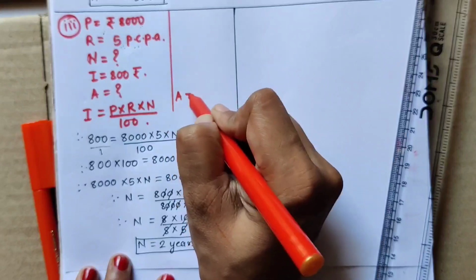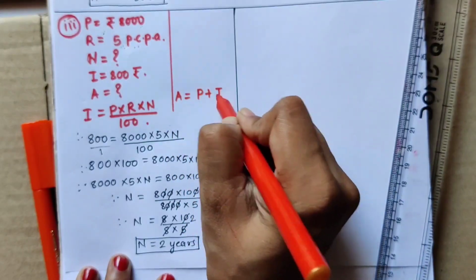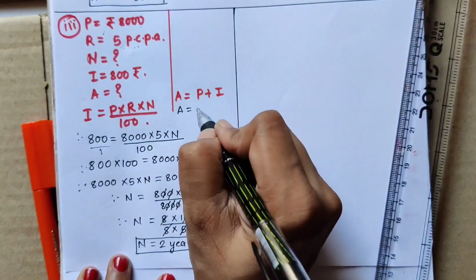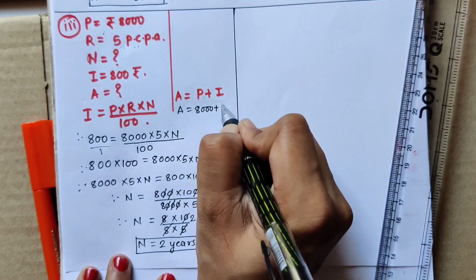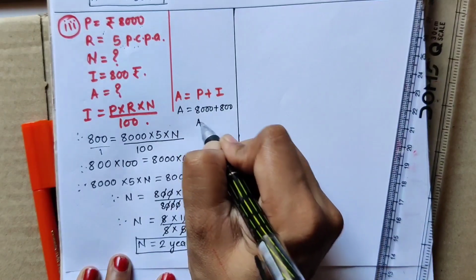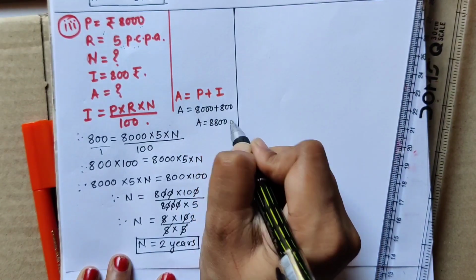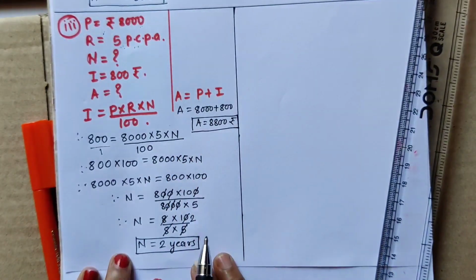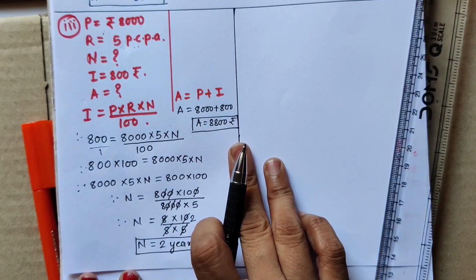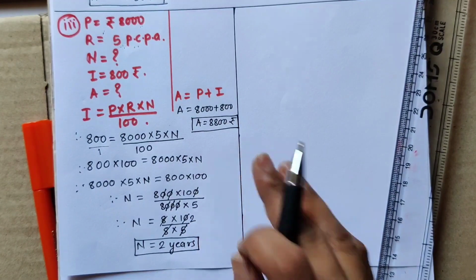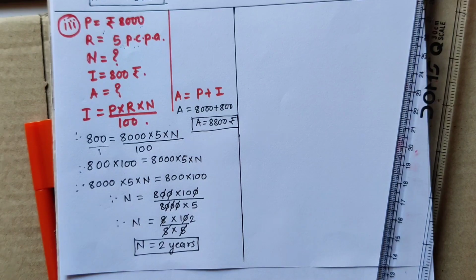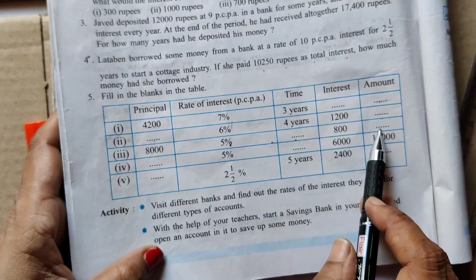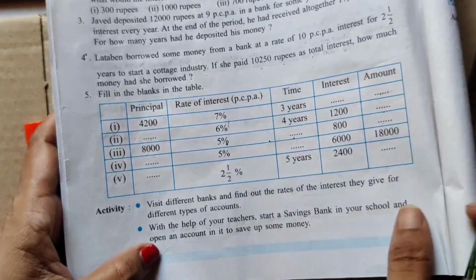Now amount is equal to P plus I, and therefore amount is equal to P is 8000, I is 800, and amount is 8800 rupees. So in this way we have got number of years also and amount also. We can fill in the blanks in our textbook, where number of years 2 years and amount is 8800 rupees.